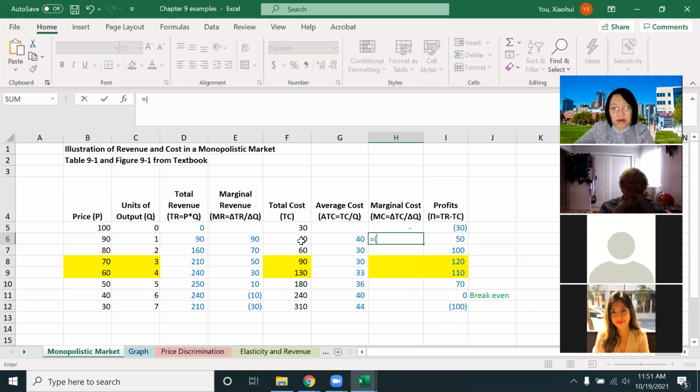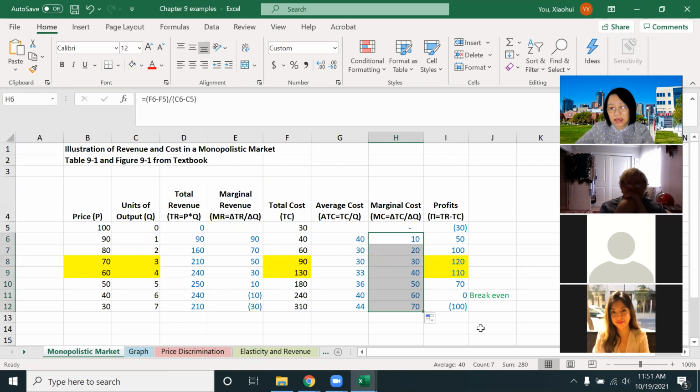Total cost is here, this is the second value minus the previous value, and then close the parentheses, divided by the denominator, another parenthesis for Q, the quantity, the second value minus the previous value, close the parentheses, and then enter. This is the first value for marginal cost. Then choose this cell, move the cursor here, and double click. I got all the values for the marginal cost.